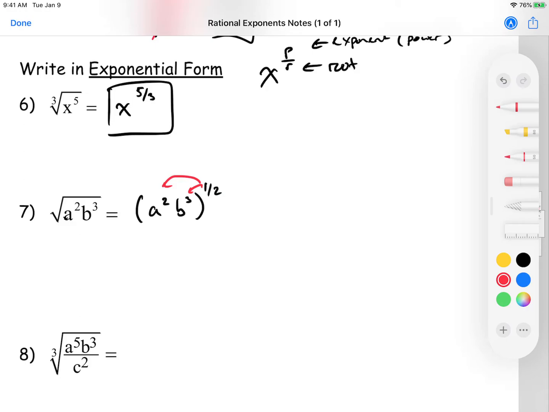So this then becomes a to the 2 over 2 times b to the 3 over 2. Well, what's a to the 2 over 2? It's a to the first power, which is just simply a. And then I've got b to the 3 over 2. And that's this whole thing in exponent form.